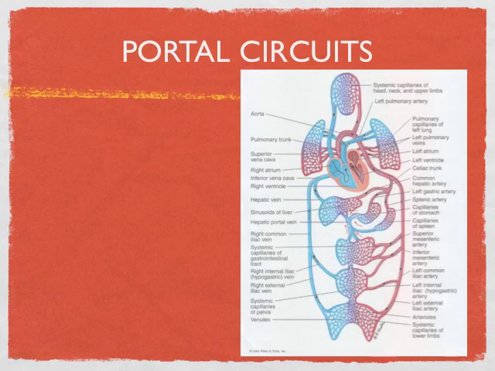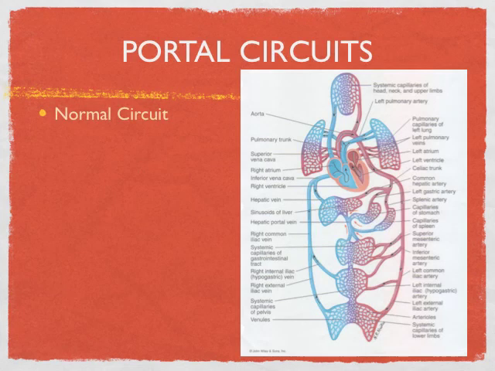You should easily be able to pick out pulmonary circulation here, as well as systemic circulation. But notice that the inferior part of systemic circulation has a lot more detail to it. There are many, many capillary beds now that you see down below, and these all come into play as we talk about this.